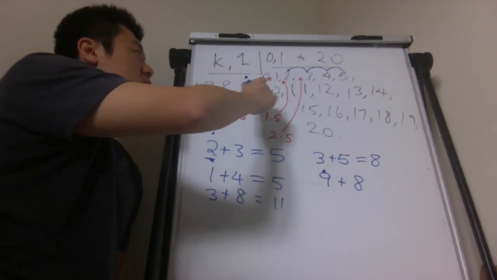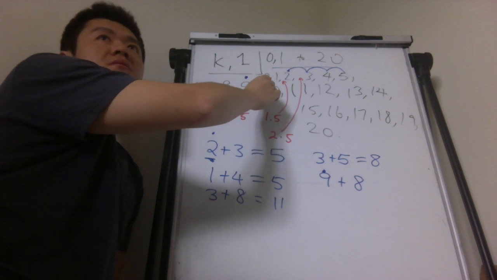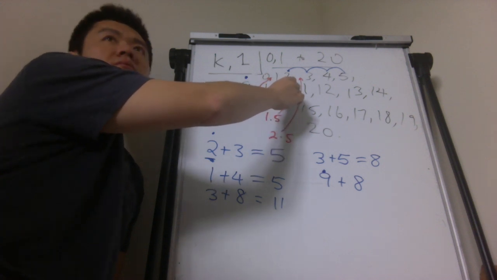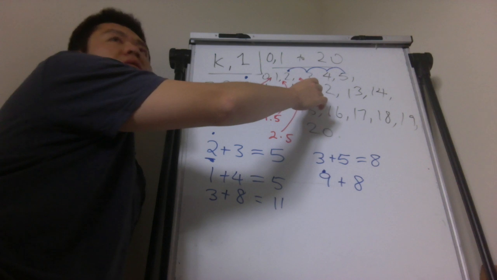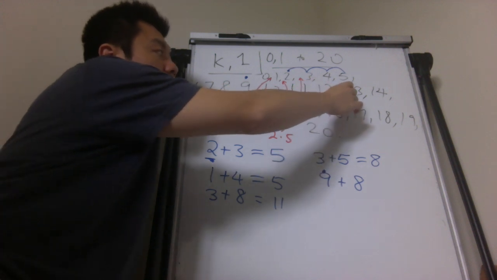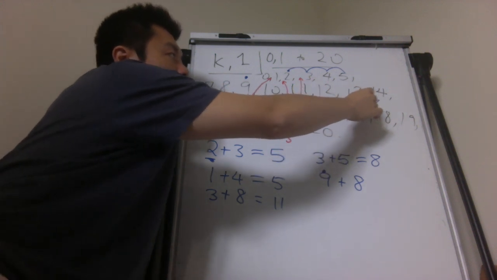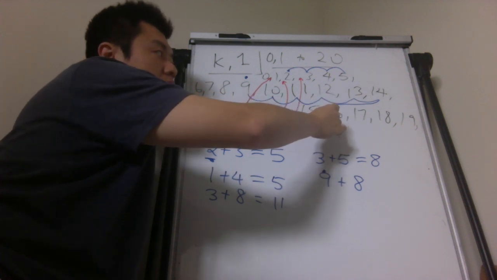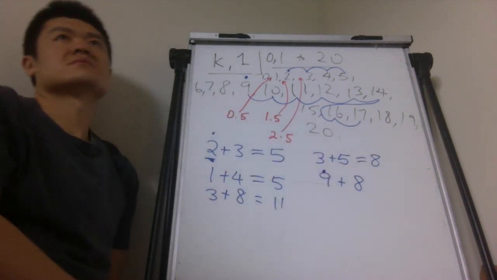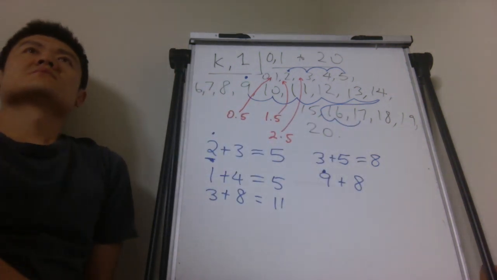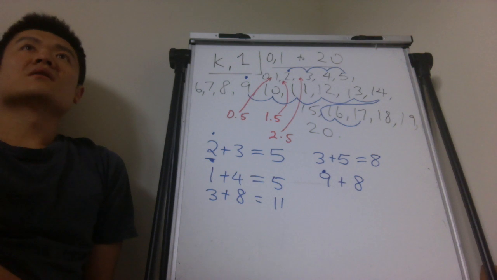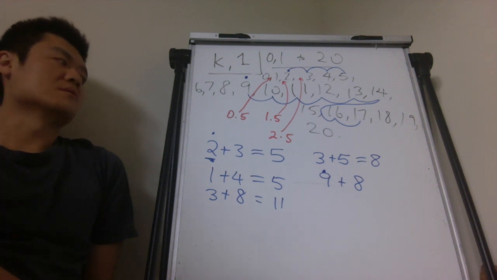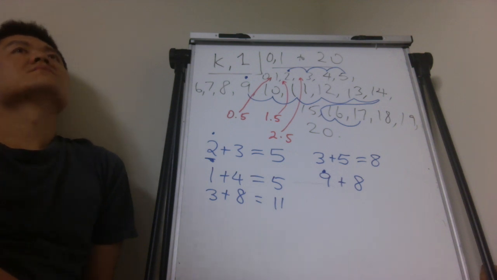So that's 1, 2, 3, 4, 5, going forward 8 times, right? Yeah. So what's the answer then? 17. Yeah. That's how we get 17, okay?